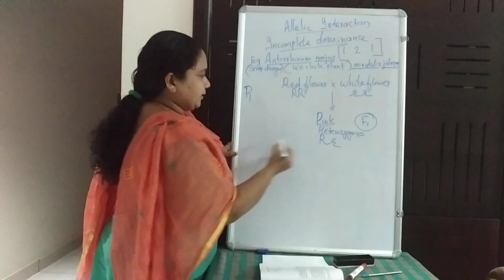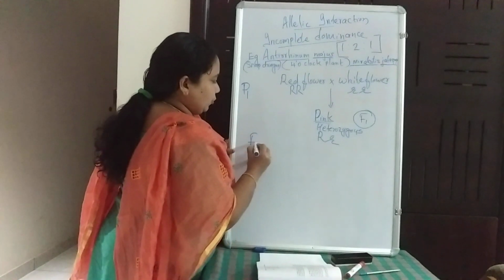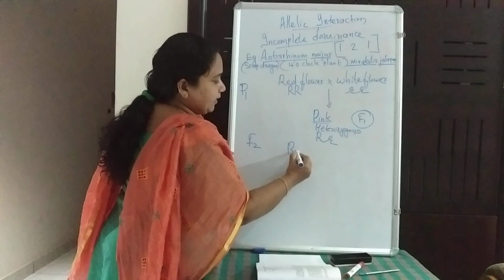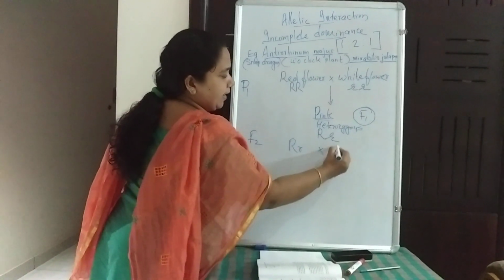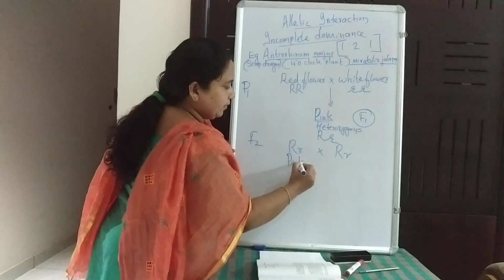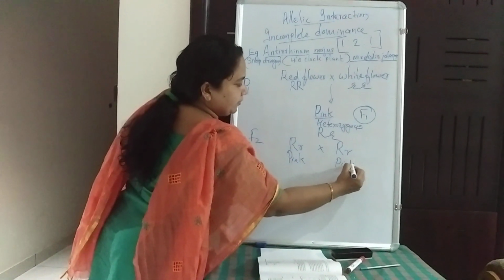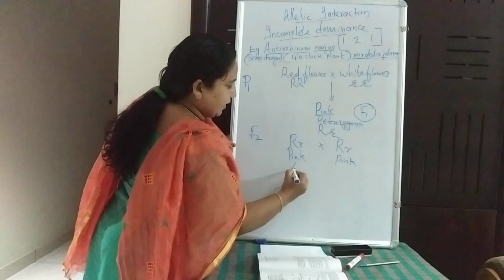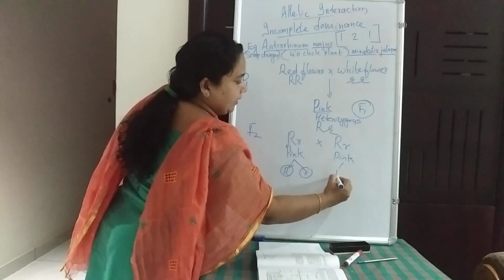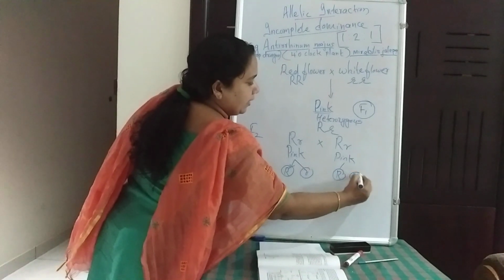What they again do is raise the F2 generation. How do they raise the F2 generation? They selected a capital R small r plant and another capital R small r plant, that is, pink with pink. Here they get capital R small r.